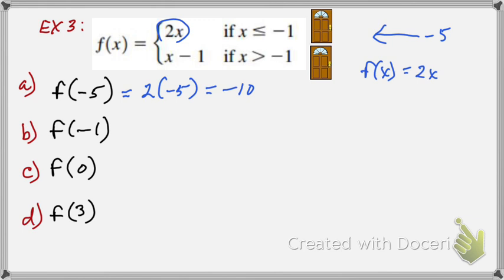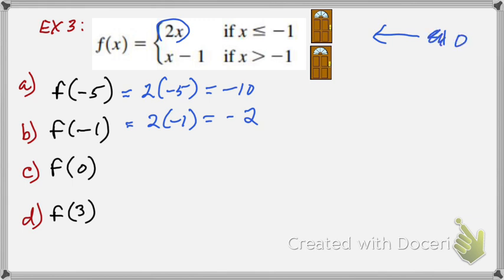All right, let's look at B. I'm sending a negative 1 in. Which door? Top again, because it says less than or equal to negative 1. So 2 times negative 1. All right, look at C. It says we're sending in a 0. Now I'm taking the bottom door because 0 is bigger than negative 1.